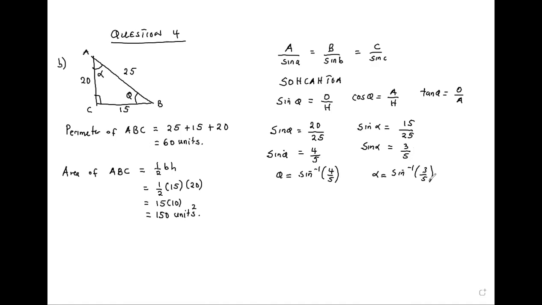Which is in shift, sine inverse of 4 over 5. 4 divided by 5 will give us the angle theta to be 53.13 degrees, and alpha should be sine inverse of 3 over 5, which is 36.87 degrees. So this is how we obtain the angles.